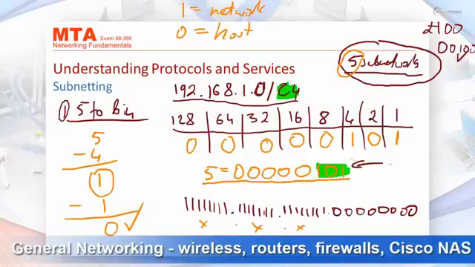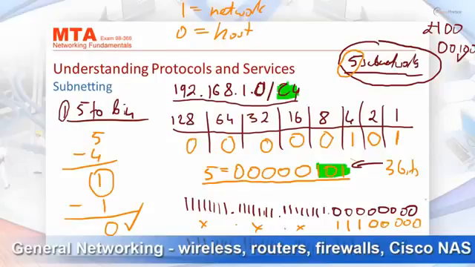Now you have to take 3 bits from the last octet, because it's the only place that is available for you. How are we going to do that? We'll just do it like this. So the new subnet mask is 8 ones, 8 ones, 8 ones, and then 3 ones in the last octet.